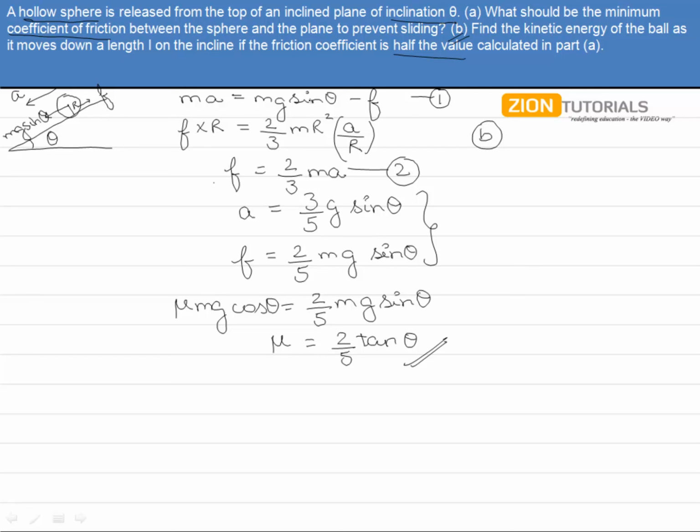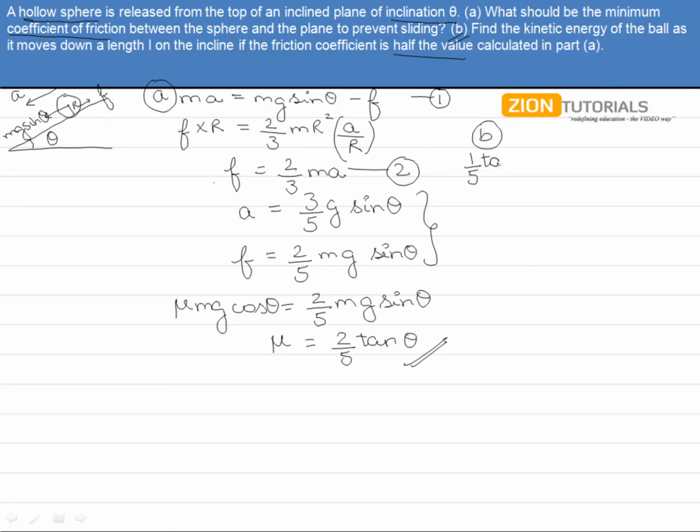This was the A part. And the B part is: find the kinetic energy of the ball as it moves down a length L on the incline if the friction coefficient is half the value. So if it is half the value, it is 1 by 5 tan theta. Now this is a different part, so the acceleration will come out different.